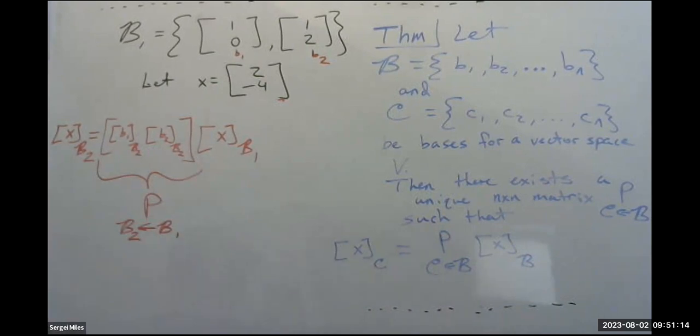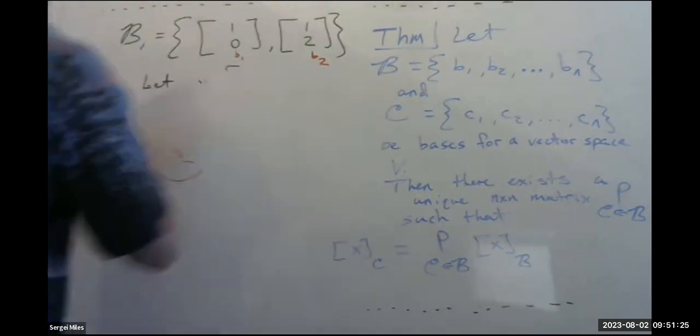This is the formula which will allow us to change a vector in terms of one basis into another basis, right? In particular, what is this matrix?